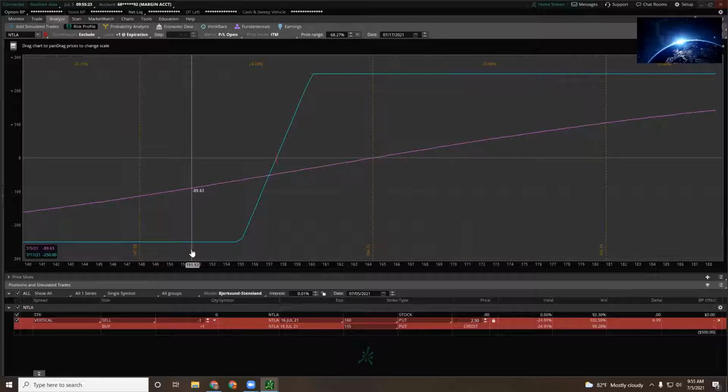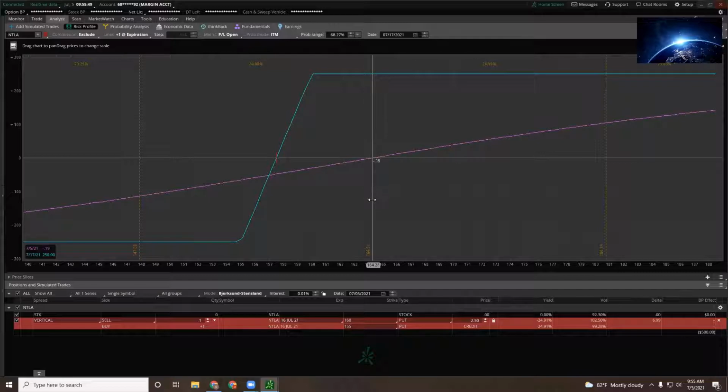So that's a 1-to-1 ratio, right? But if you set it up right and it meets your criteria, there is almost a 70%, 75% chance that you are going to be in the money as soon as you go into this trade or before expiration, because this is 164.31 that we are seeing as the current price.